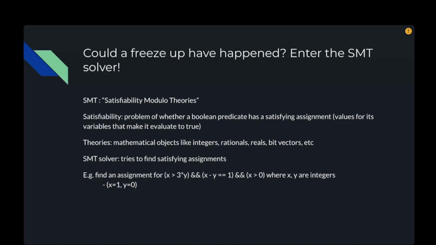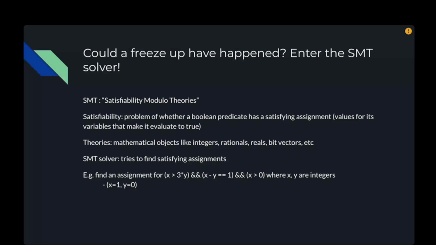An example might be: find an assignment for x greater than 3 times y, and x minus y equals 1, and x greater than 0, where x and y are integers. It's pretty easy to come up with a satisfying assignment: x equals 1, y equals 0, right? Because 1 is greater than 3 times 0, 1 minus 0 is 1, and 1 is greater than 0. People make programs called SMT solvers that do this assignment finding automatically.